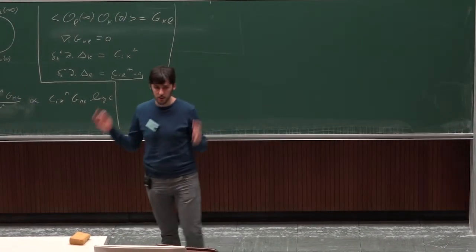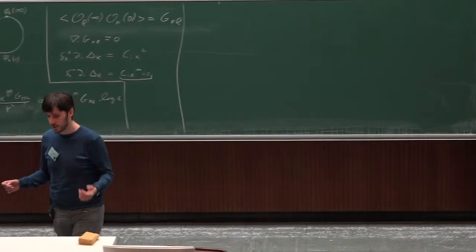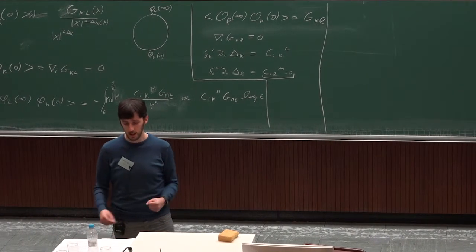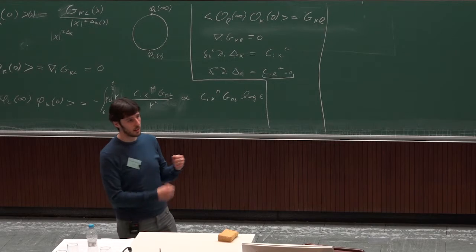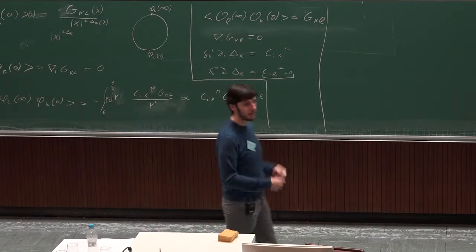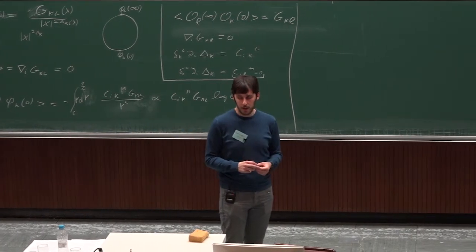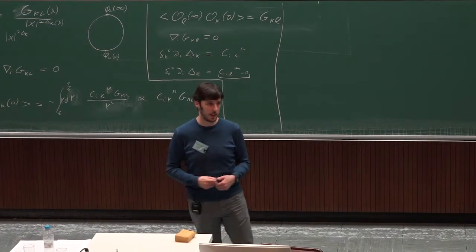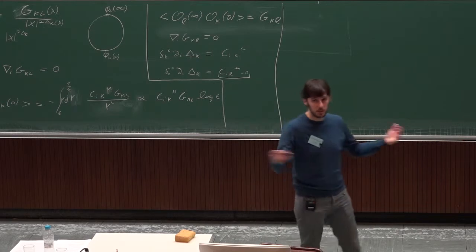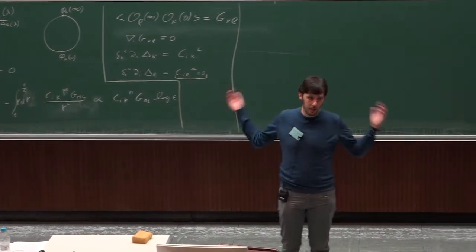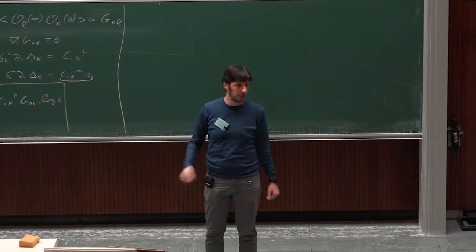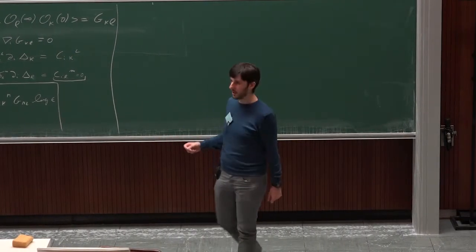OK. So let me move on to the computation of the curvature. Up to now, I'm just telling you this is a connection because it transforms in the right way, and it might not commute with itself. But you might be worried that maybe this is a trivial connection, a flat connection, and then if I choose my basis of operators carefully, I don't have to worry about this not being a normal derivative.